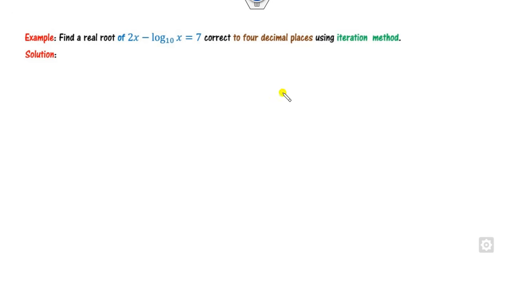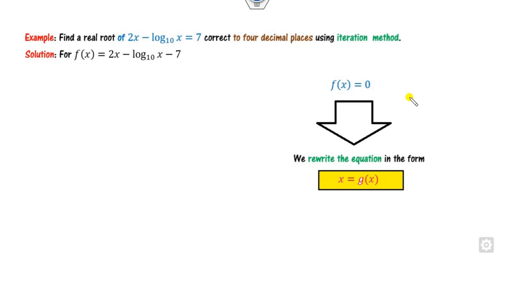Okay, look at this next one. Clearly, in this example, the initial point is not given. So if the initial point is not given, then we first find the interval a comma b. We can transform this equation, but before that we need to find the interval a comma b. How can you find it?